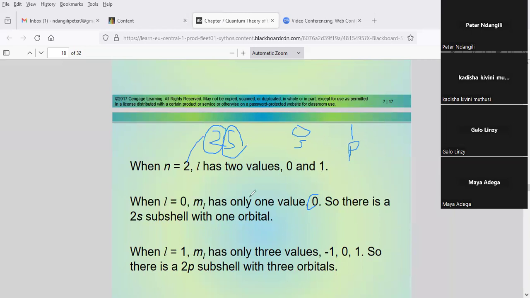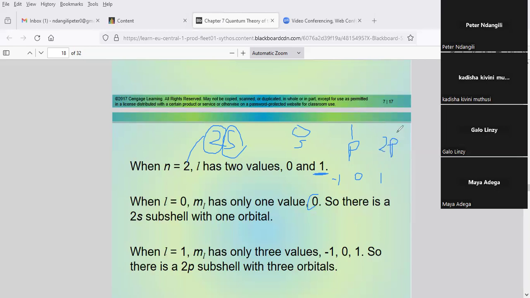Now, when the value of L is equal to 1, the ML values are -1, 0, and +1. This is a p orbital, and it is a p orbital found in n equal to 2, we call it 2p.